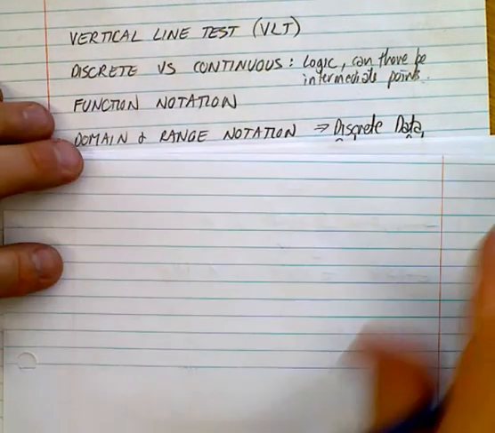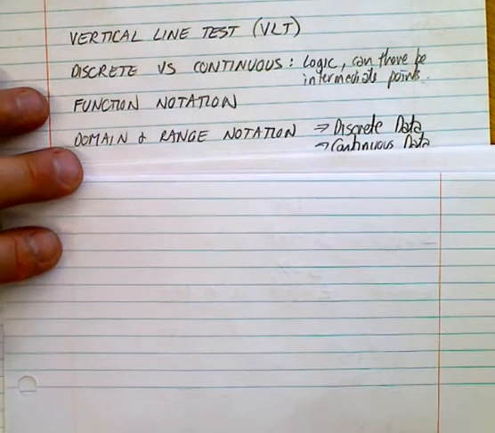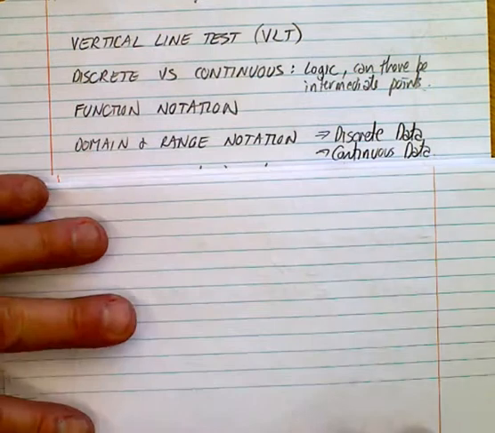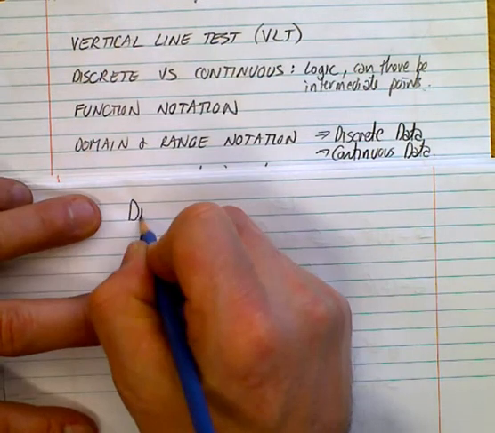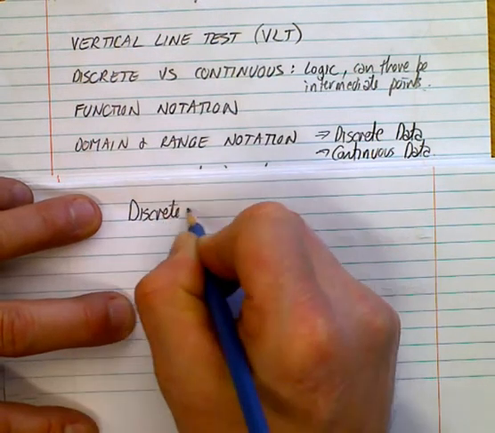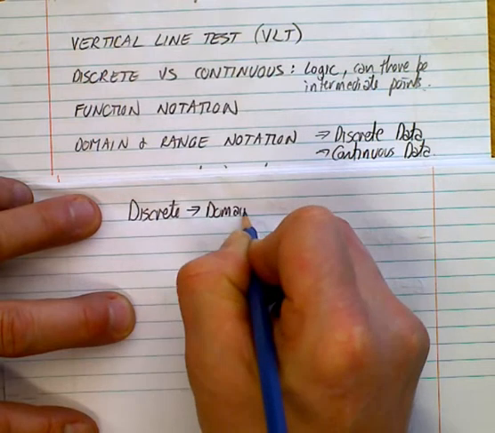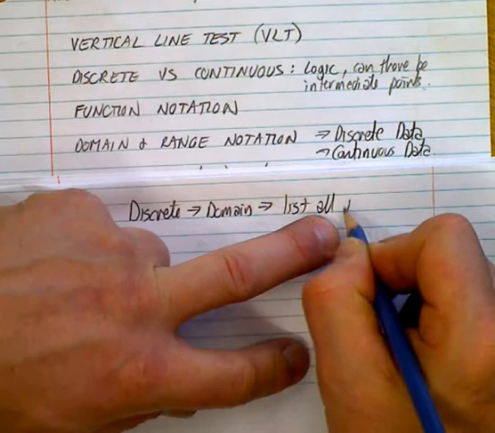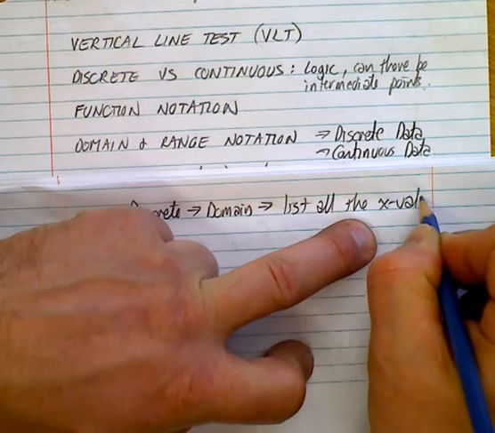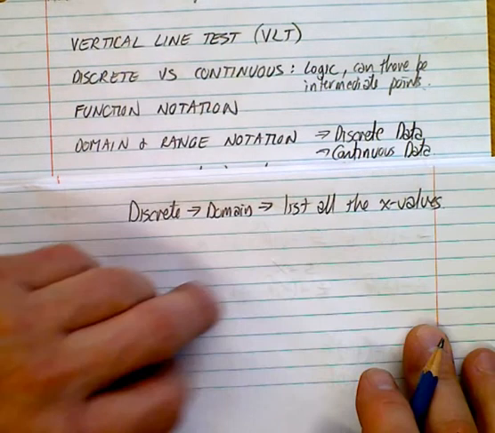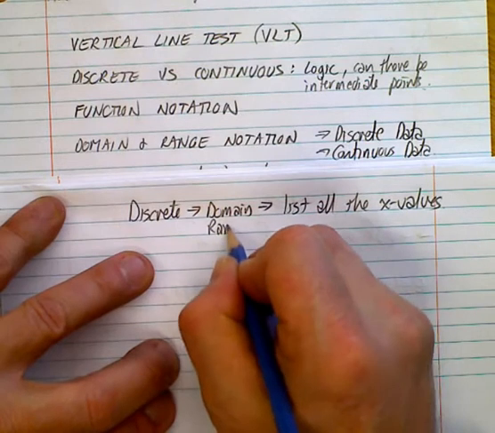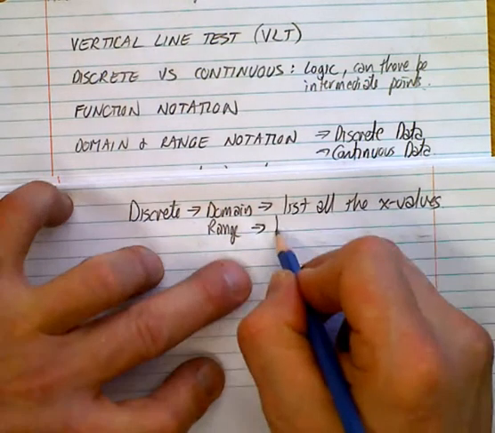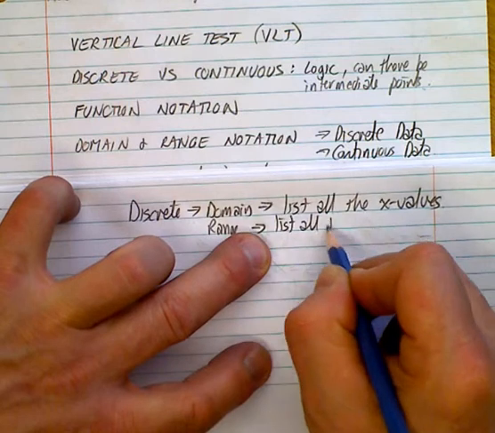Now with discrete data and continuous data, it's a little bit different, right? So with discrete data, if you want to find the domain, you just list all the x values, right? It's not that hard. You just list all the x values. And then for the range, you list all the y values.